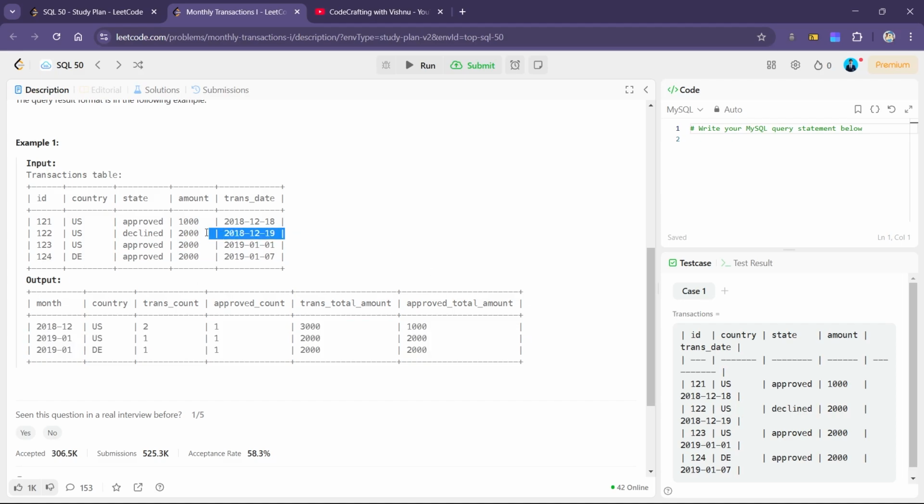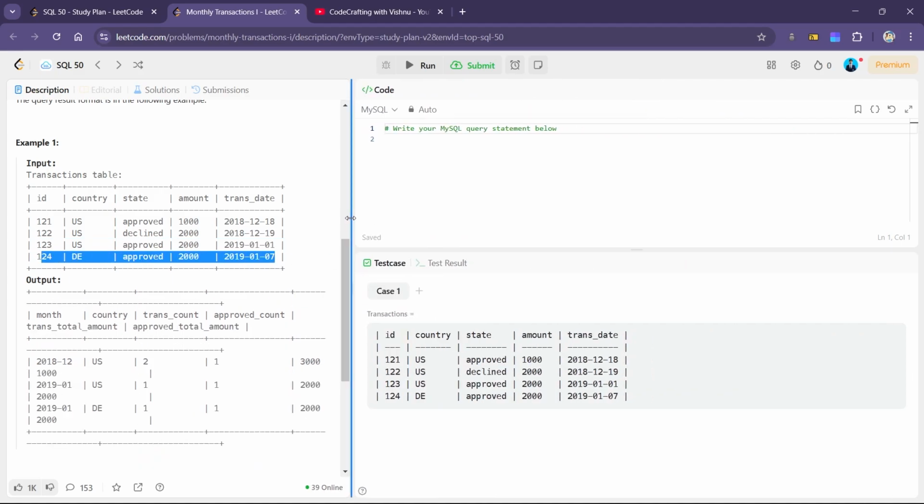The first entry will have country US, transaction count 2, that is two entries, approved count 1, the first entry, with the transaction total amount 2000 plus 1000, 3000, and the approved one is the first entry, that is 1000. The second entry will be this for the US country, but the month and year are different, so this will be a separate entry. So transaction count will be 1, approved count will be 1, transaction total will be 2000, and approved total will also be 2000. Similarly for the third entry.